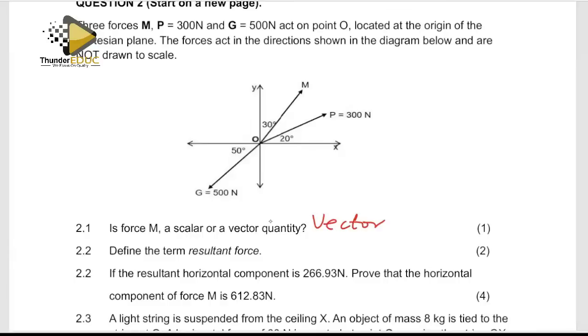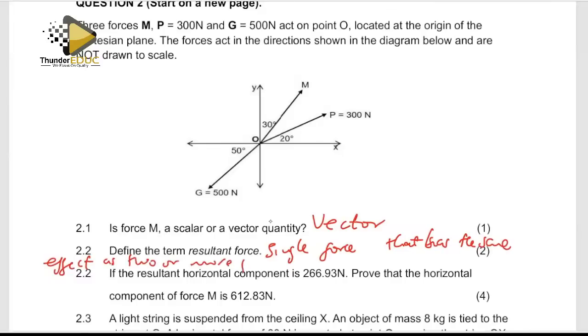We say that the resultant force is a single force that has the same effect as two or more forces combined together.